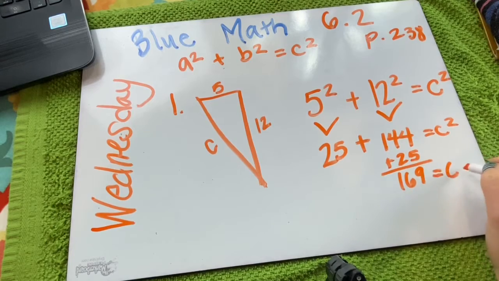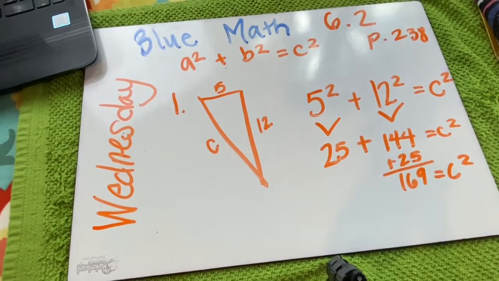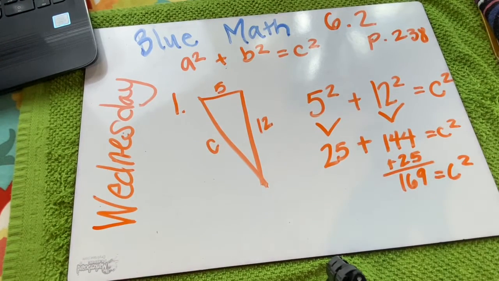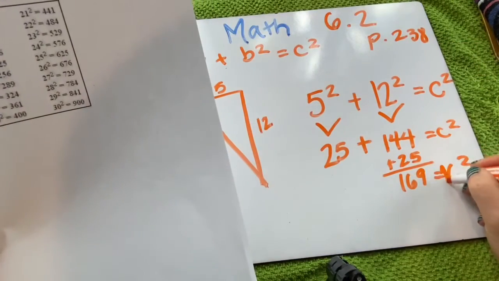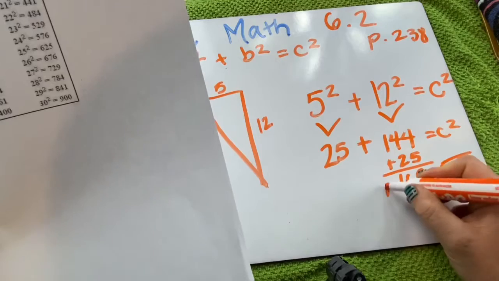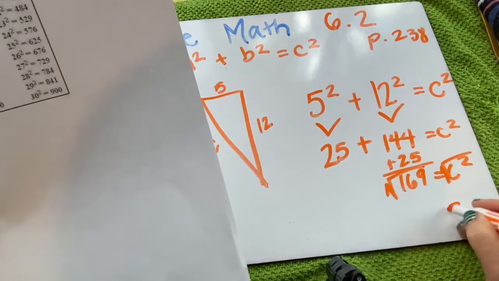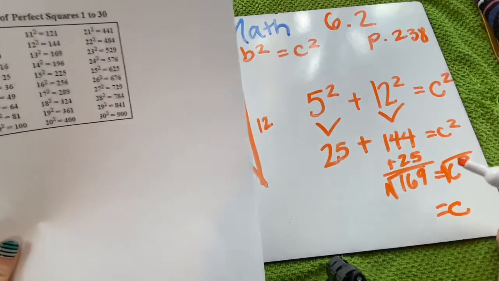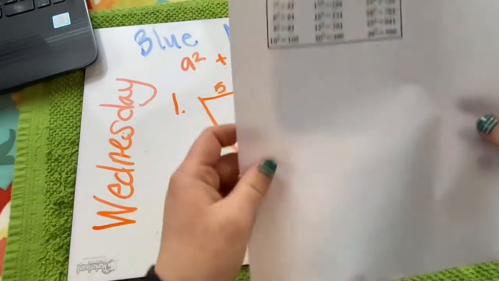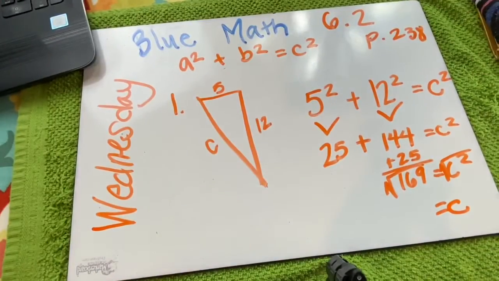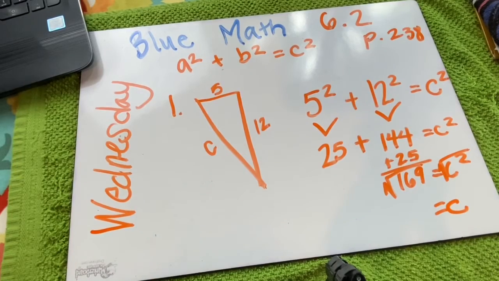169 equals c squared. Now, if you guys get out your cheater sheet from yesterday, right, we have to do that radical sign, because I got to figure out what that squared is. So this is just c on that side. So if I do the square root of 169 and I get my cheater sheet, I'm going to fold mine so that you guys can see it better.